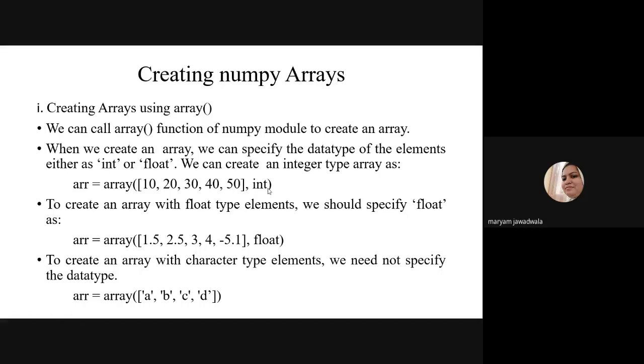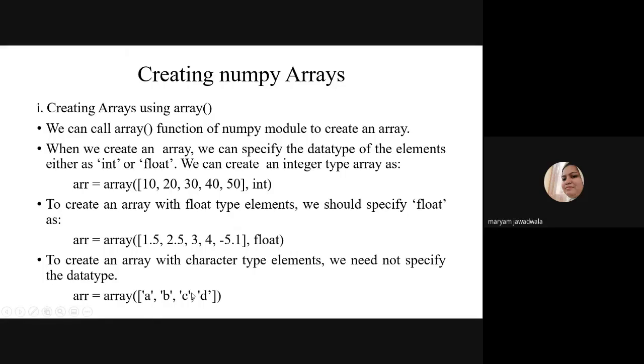The system will automatically assume the type of array is integer, right? Here also, if one of the elements is a floating point, then obviously the system will assume all elements as floating point elements, right? To create an array with character type elements, we need not specify the data type at all, right?